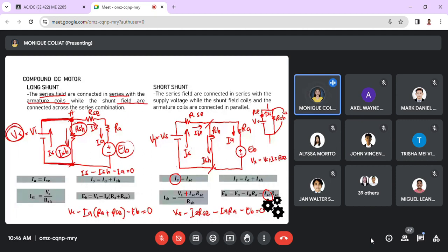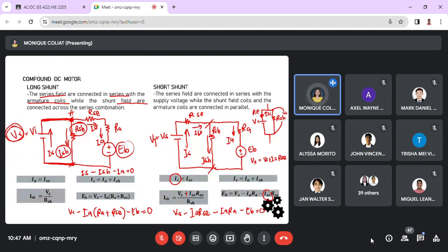Okay, next, to get the equation for IS, that is IS minus ISH minus IA equal to 0. Then you will get IS equals to IA plus ISH. Okay, KCL lang kayo kay node A. Then, we can get the back EMF equation using KVL.